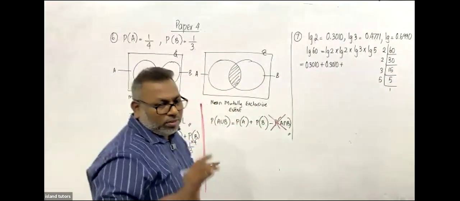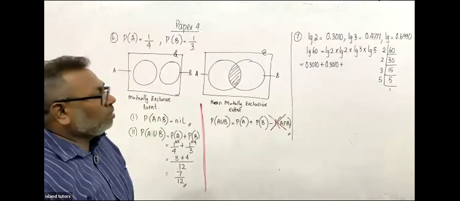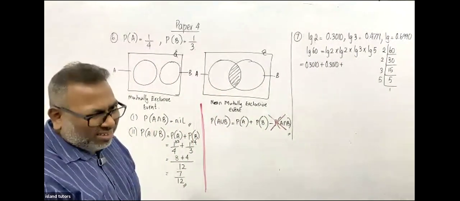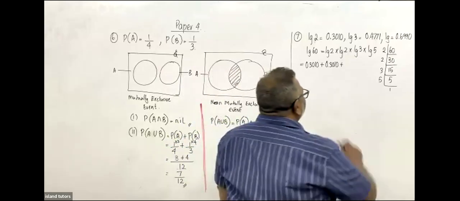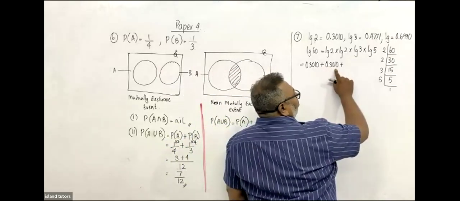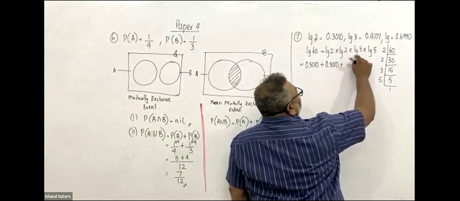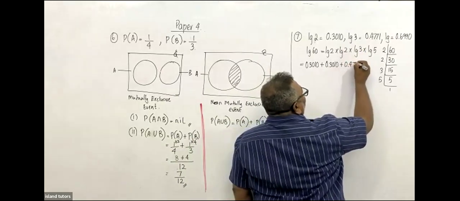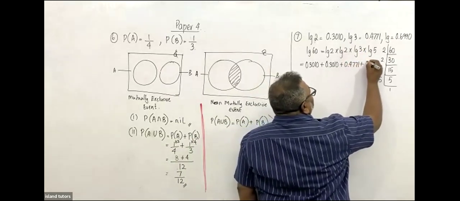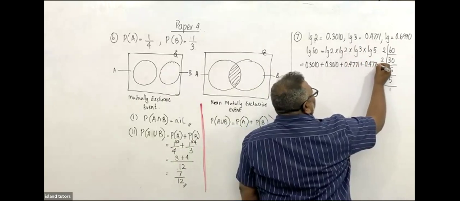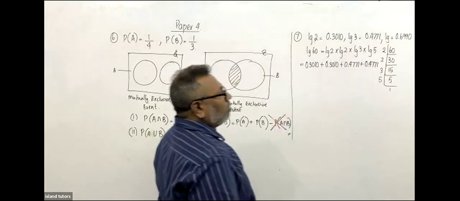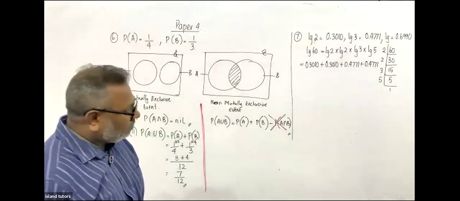Oh, sorry. Yes, this counts. 0.3010 plus 0.3010, log 3 is 0.4771, plus 0.4771. You have to do the addition.